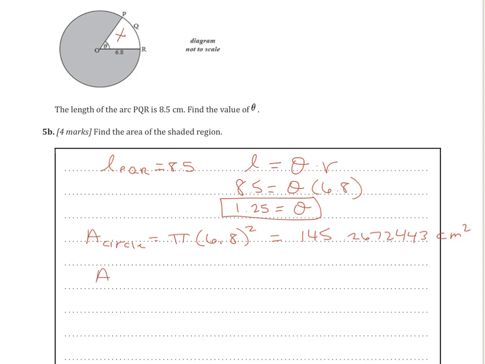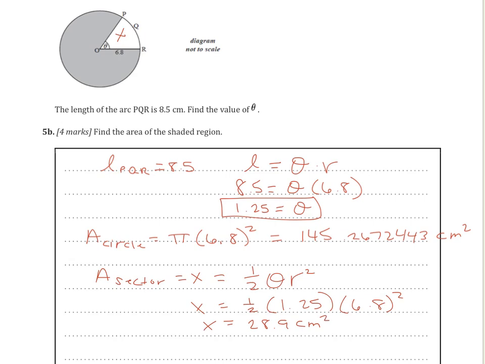The area of the sector is going to be equal to, and you're going to pull this formula right off your formula sheet, 1/2 times theta r squared. We already solved theta to be 1.25. We know the radius to be 6.8. So the area of the sector is 1/2 times 1.25 times 6.8 squared. So that's 28.9 centimeters squared.